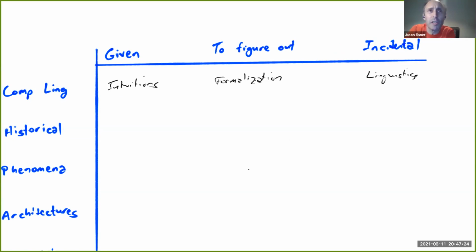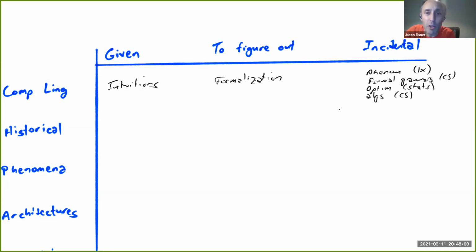But officially what we're teaching them is the phenomena of language, which is linguistics, and formal grammars, which is CS, and optimization objectives like maximum likelihood, which is statistics, and algorithms, which is CS.